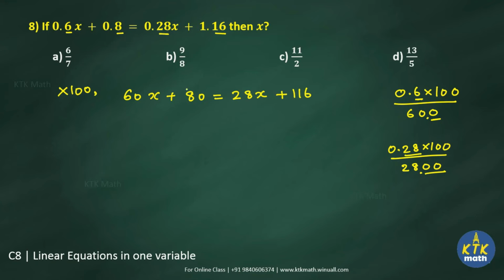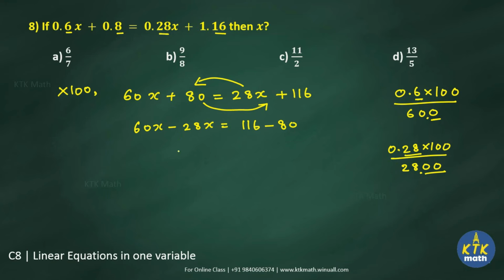Now you have the x term and constant term on either side of the equation, so just rearrange them. You bring this 28 to the left hand side, so 60x minus 28x, and move this to the opposite side, 116 minus 80.